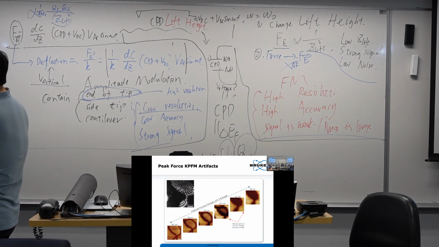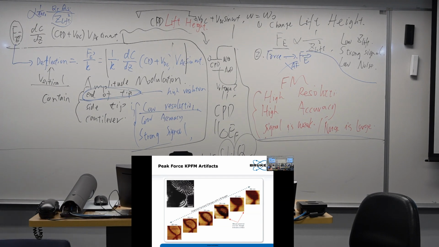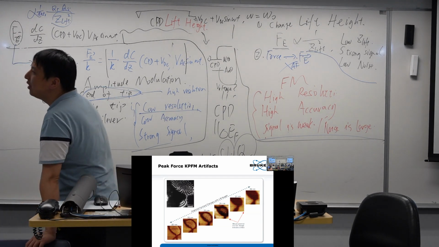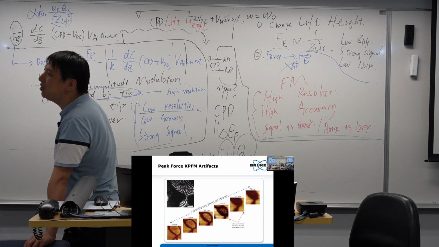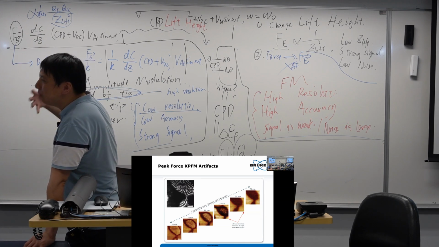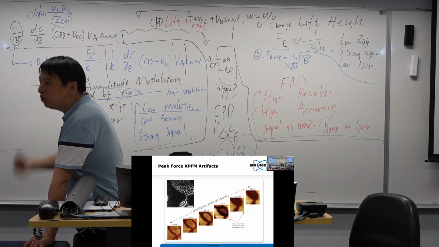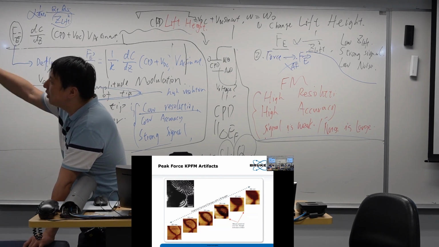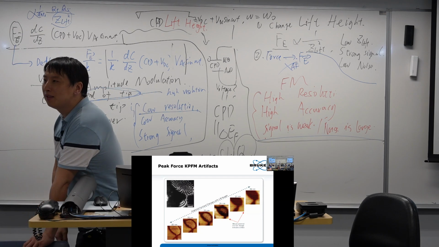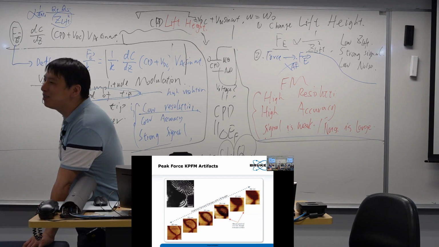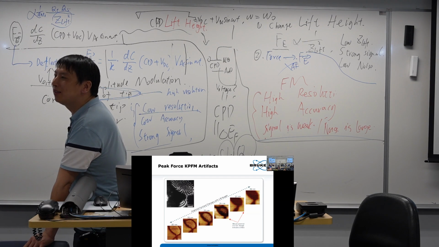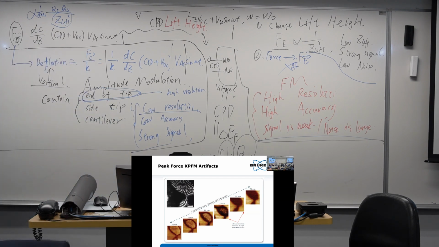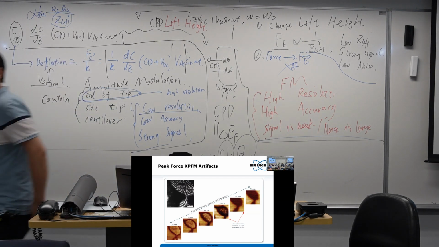They don't care if the potential value is quantitatively accurate. They just want a beautiful image. And if your purpose is to get a beautiful potential image, go ahead, you can reduce the lift height. But again, the potential value may not be accurate, but definitely it will give you beautiful images.